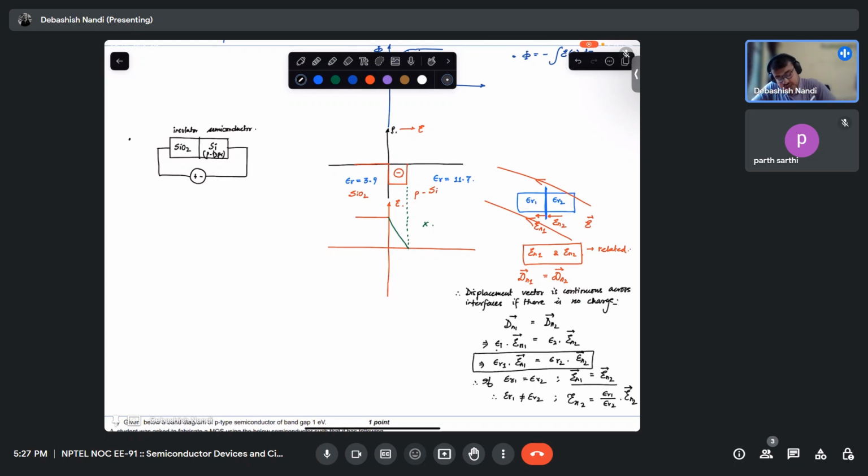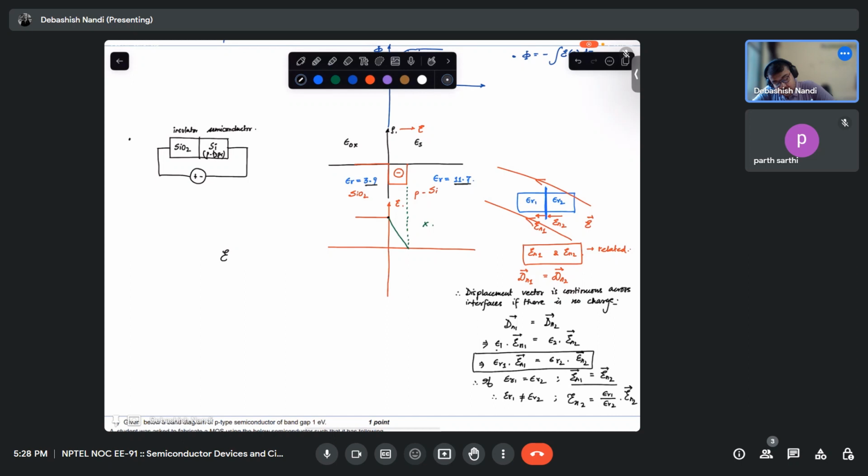So now you see it is 3.9 and it is 11.7, right? Almost 3 times. Let's define the field in the oxide as E_ox and in the semiconductor as E_S, okay?